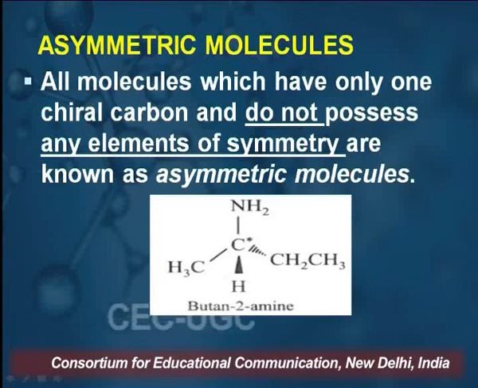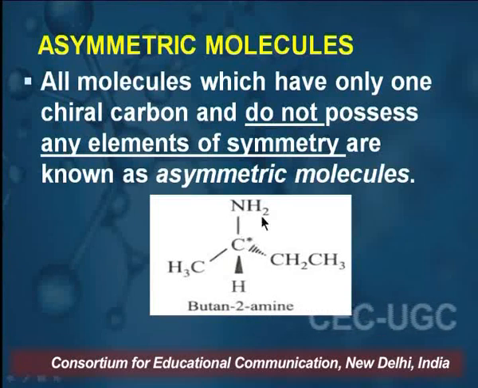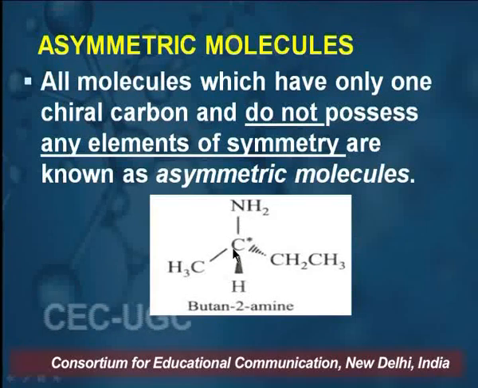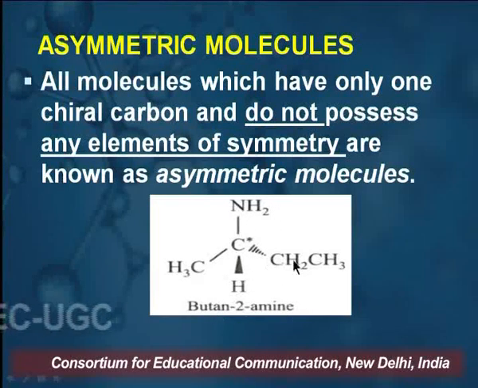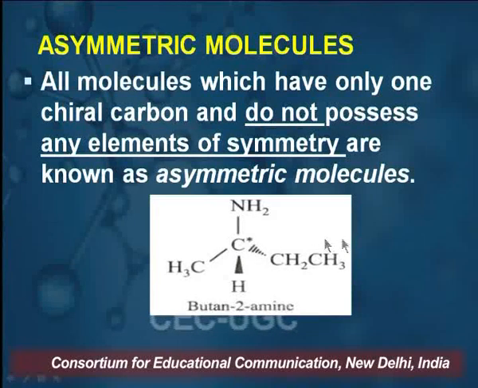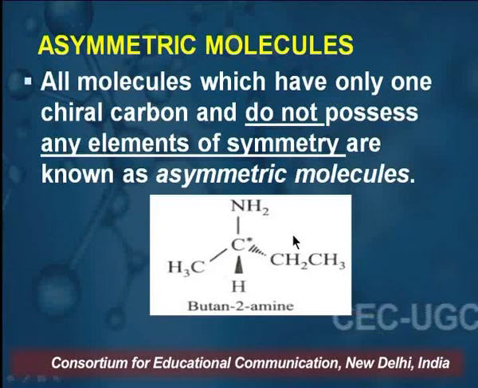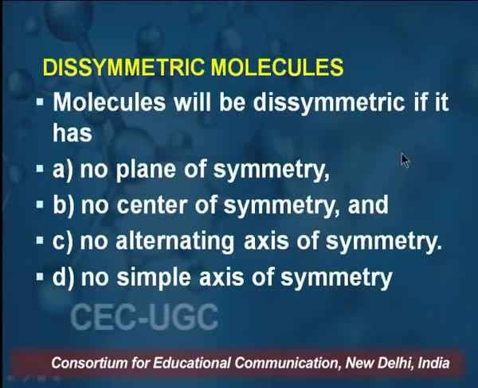So this is what I have shown here, that if a molecule has a single chiral carbon, that is this chiral carbon, and this carbon is attached to 4 different groups, so we also call it a stereogenic carbon. As a result of this carbon, this molecule becomes chiral, and this carbon is asymmetric, due to which butan-2-amine is optically active and will exist as an enantiomeric pair, one of which will be dextrorotatory and the other levorotatory.